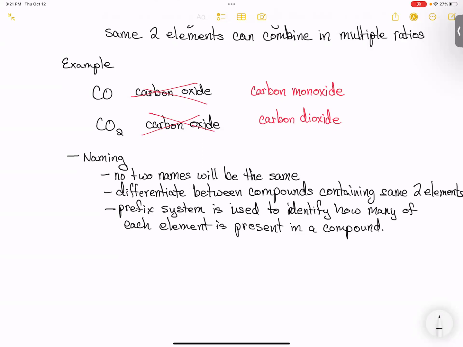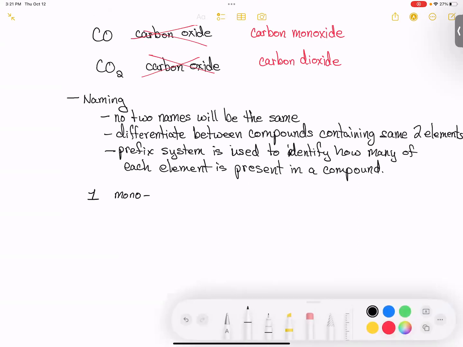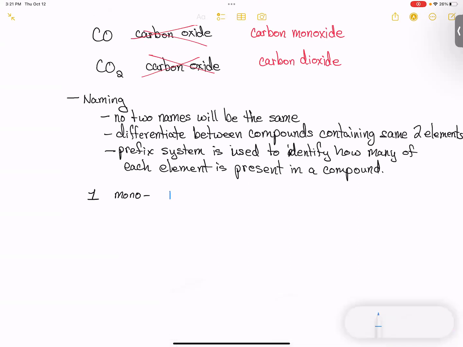You've actually already been introduced to most of the prefix system, with the exception of the first four. When you have one, it's called mono. Now, there is a note to be made about mono. And that is mono is only used on the second element in a compound.